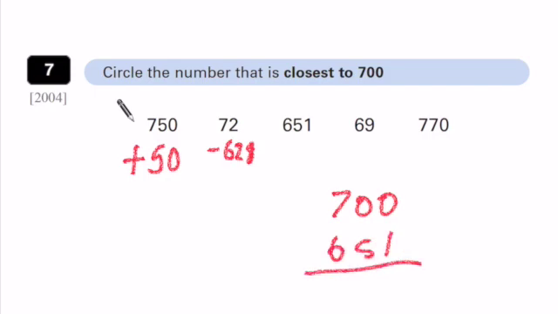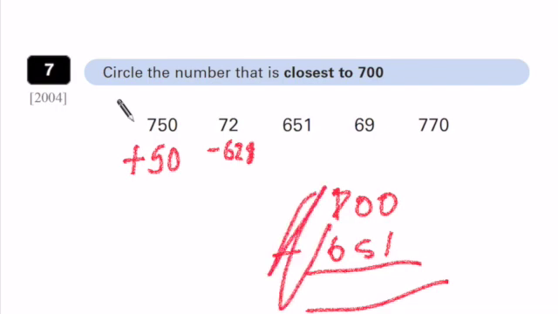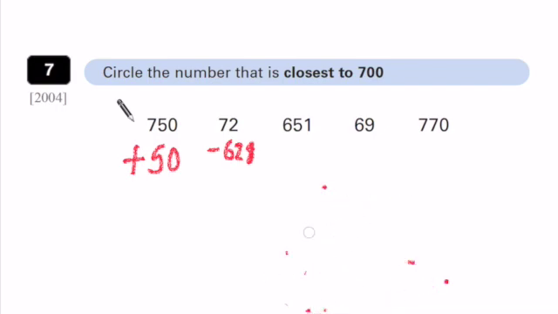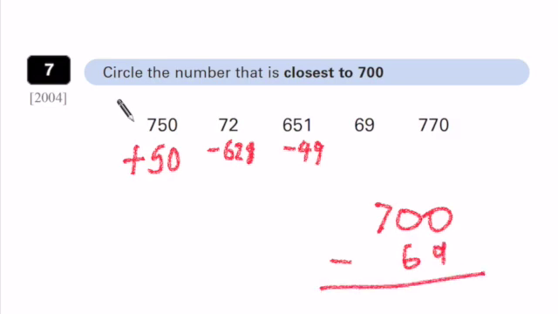But if you have to do this, do it. But it is 49. So I'm going to put minus. Right, 69. Okay. So that's 631, but I'll just show you that. So minus 631.